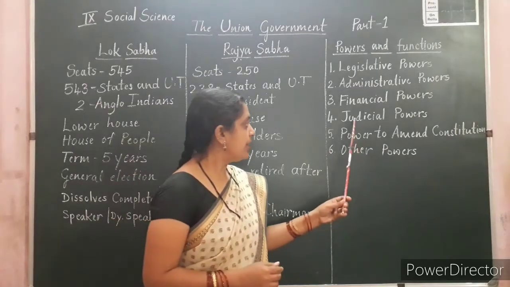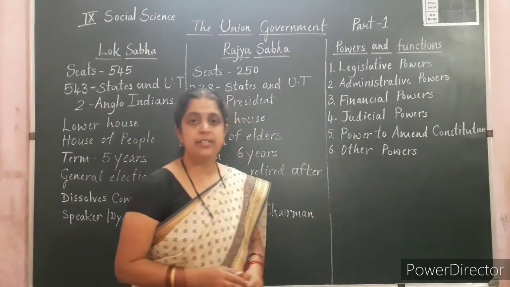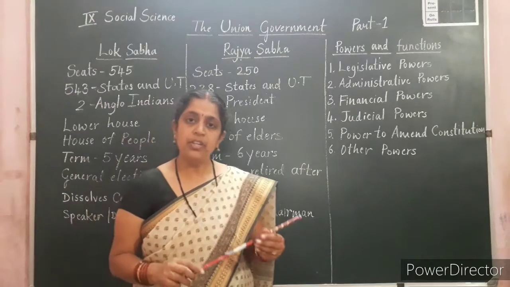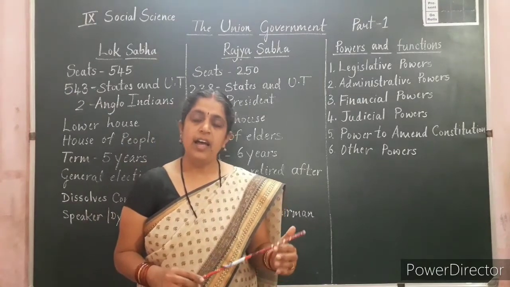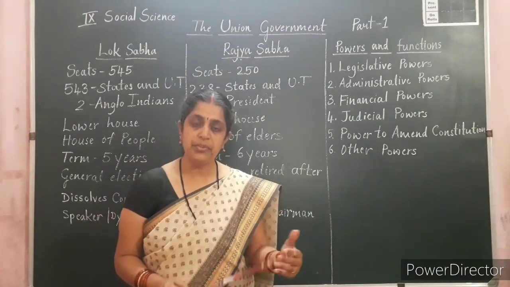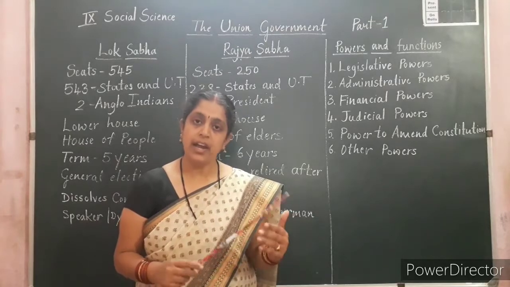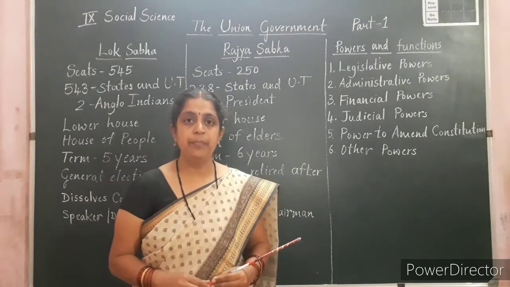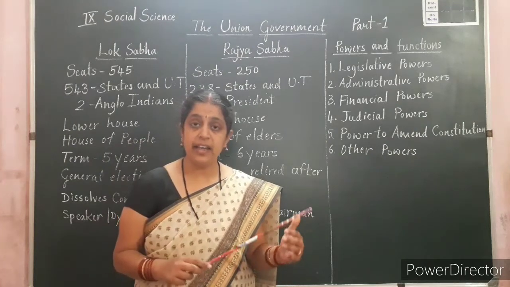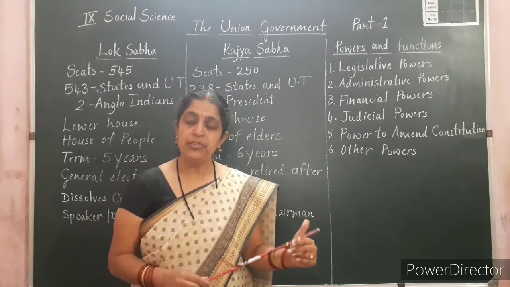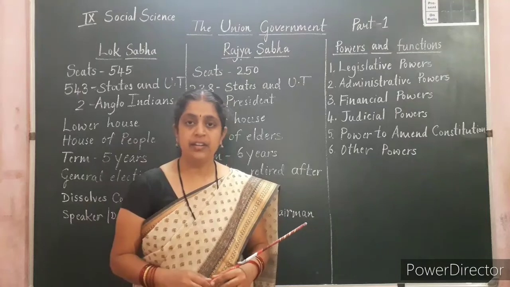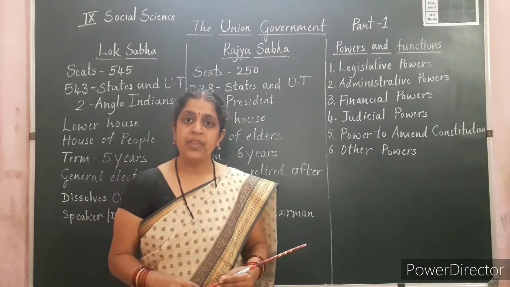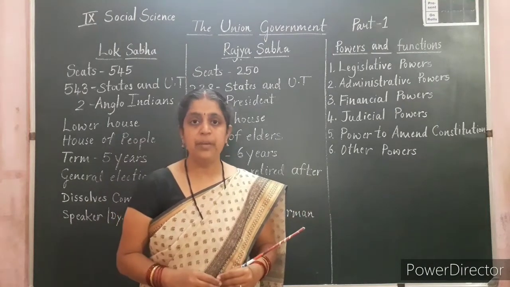Next one is judicial powers. Both the houses of parliament have the authority to remove the judges of the High Court and the Supreme Court through the motion of impeachment.